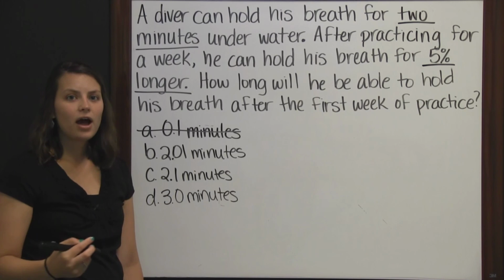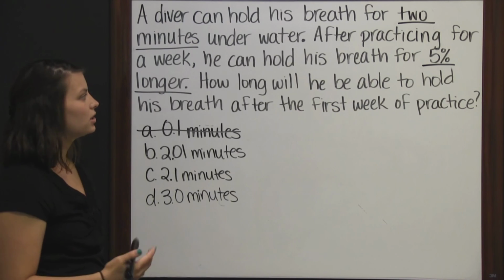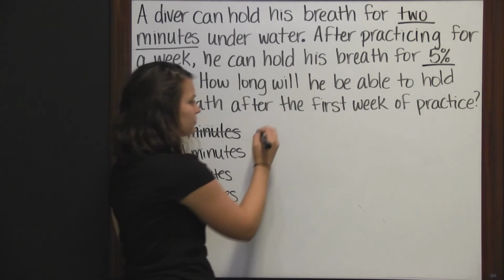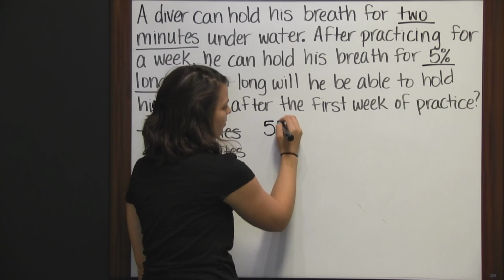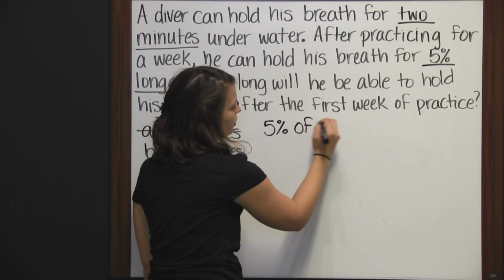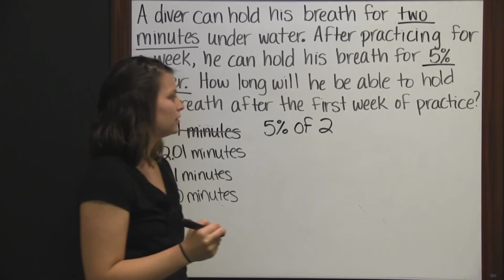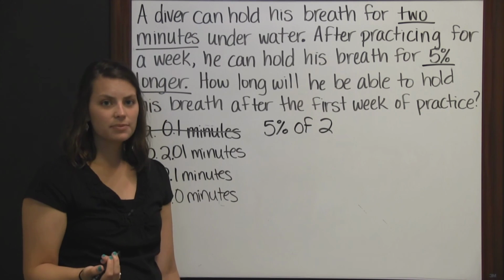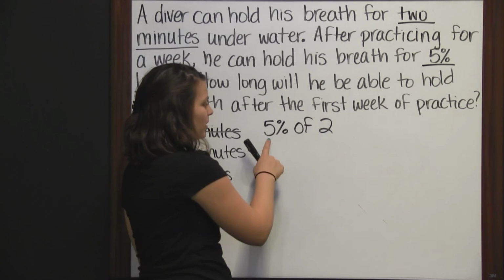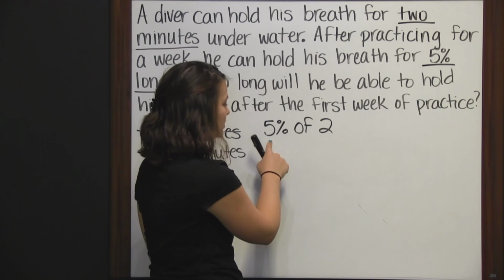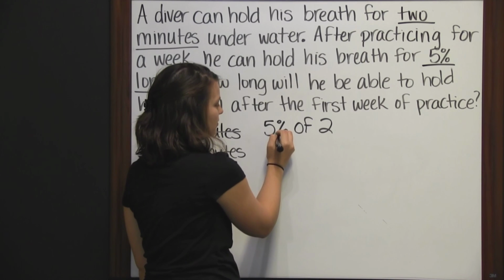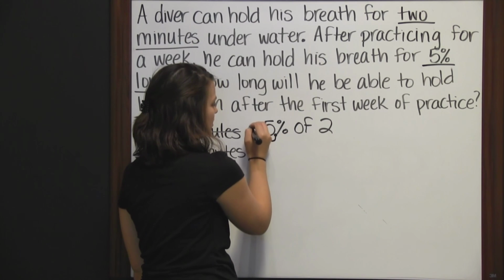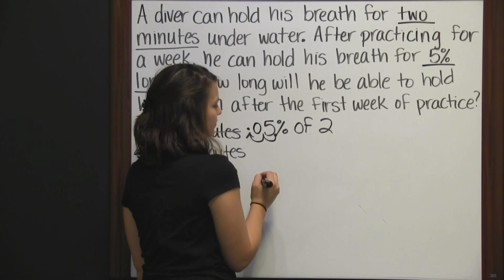To find out how much longer he can hold his breath, we need to take 5% of 2. Of means to multiply. And we have to change our percent to a decimal. So take the decimal and move it 2 places to the left.